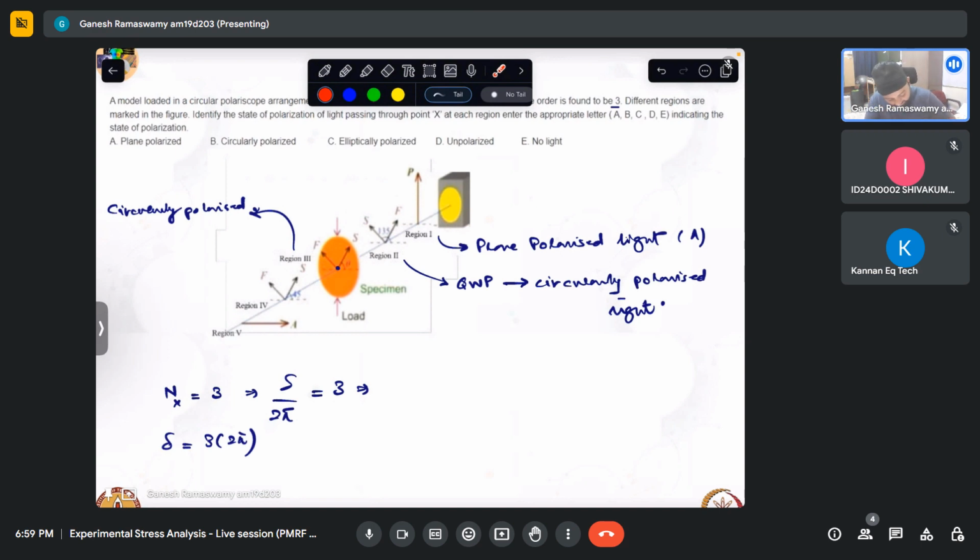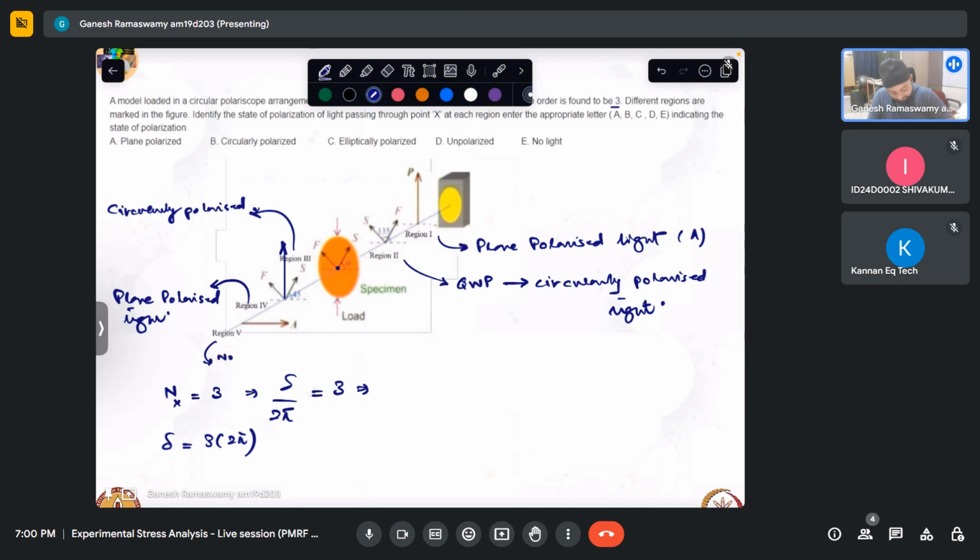So essentially in region 4, it is plane polarized light again. And it gets negated, and the plane of its polarization is still like that. And we have placed an analyzer that is perpendicular to it. So what will we see in region 5?